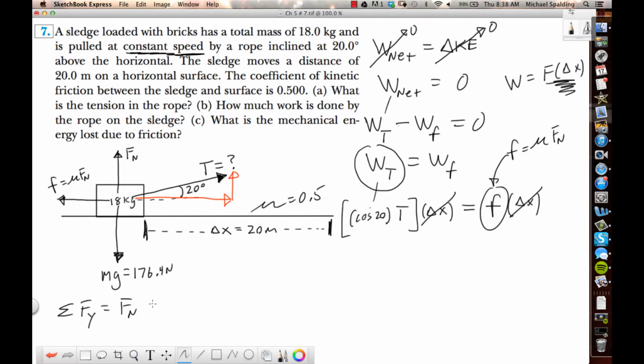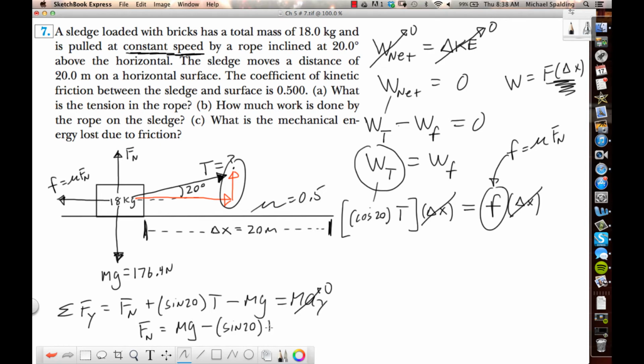So in the y, you're going to go normal force plus sine 20 T minus mg equals ma. Is there any acceleration vertically? Nope, that goes to 0. So the normal force will be mg minus sine 20 T.